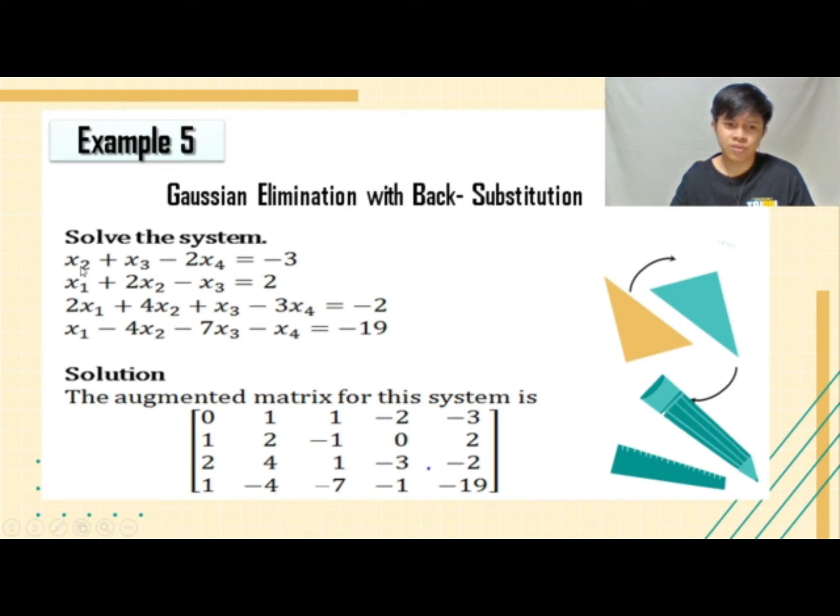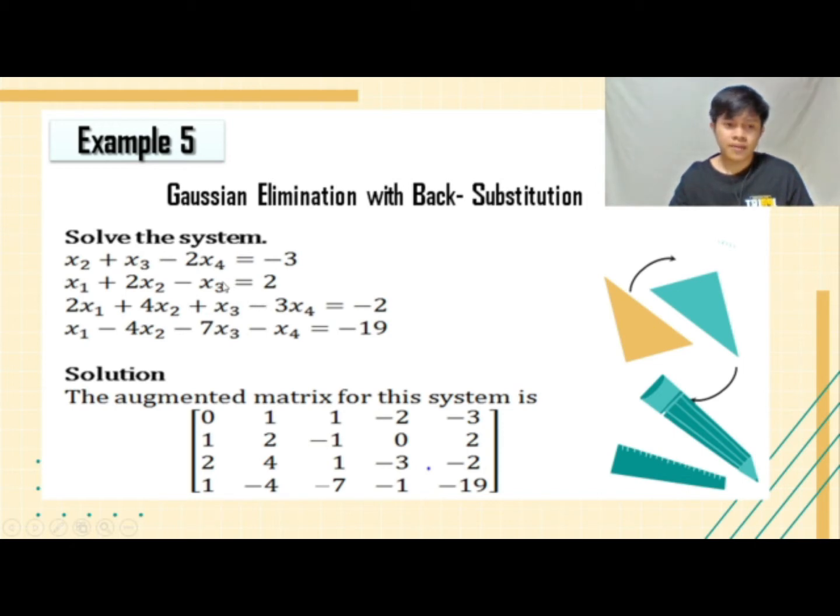And then x sub 2 is equal to 1, plus x sub 3 is equal to 1, minus 2x sub 4 is equal to negative 2, and then equal to negative 3. Then x sub 1 is equal to 1, plus 2x sub 2 is equal to 2, minus x sub 3 is equal to negative 1.